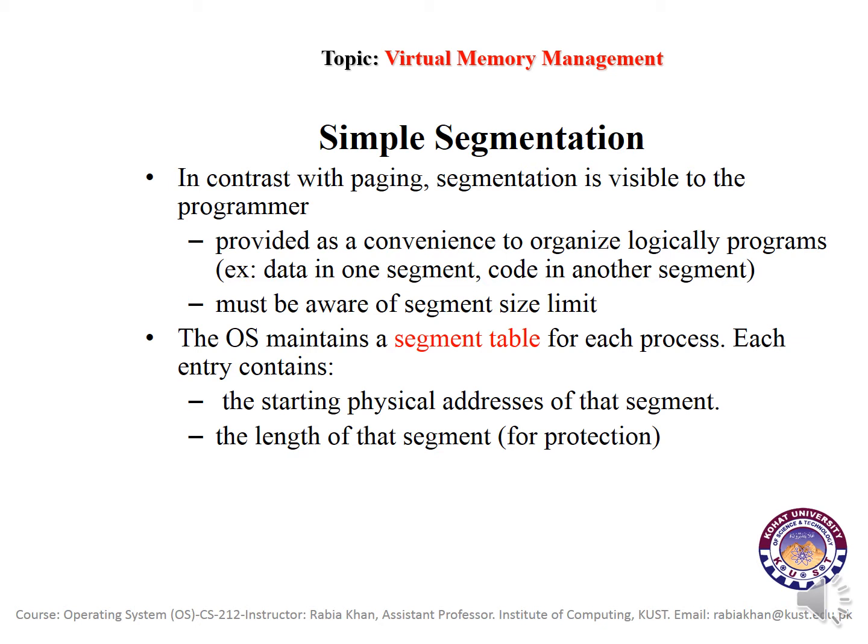A segment table is also maintained by the operating system, and every entry of the segment table contains two pieces of information. The information includes the starting physical address of that segment and the length of that segment.